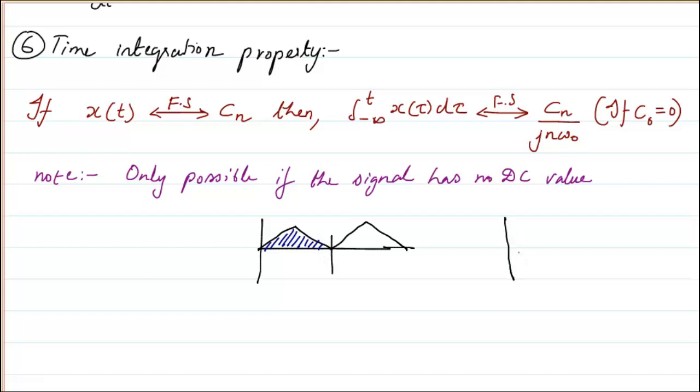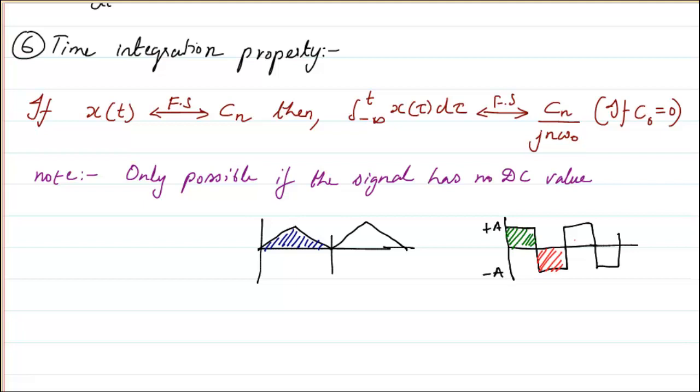So what kind of signal will have 0 DC value? For example, a signal which has both a positive as well as a negative part, that means it has some positive A value and a negative A value, and then that signal repeats again and again. Within one period, the area in the positive part would cancel out the area in the negative part.